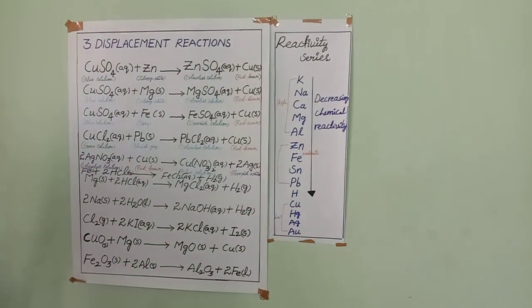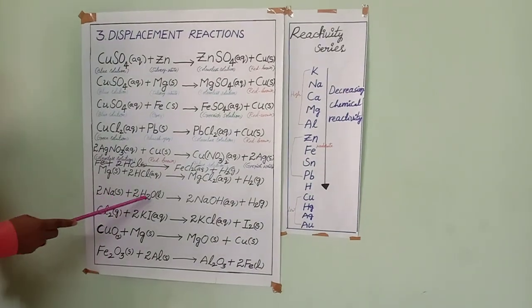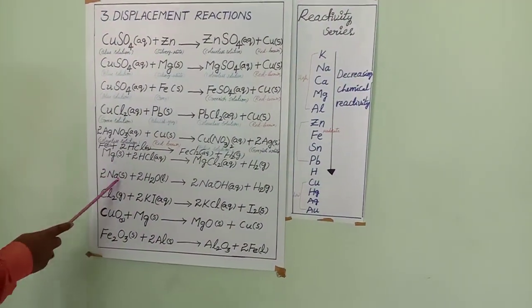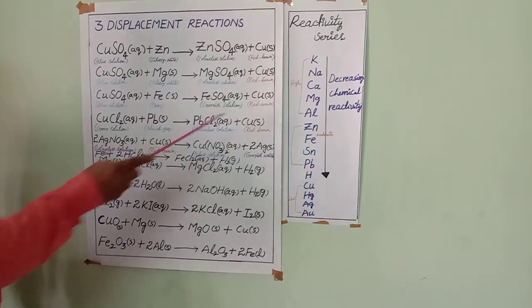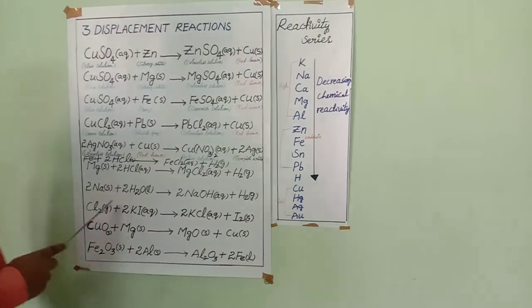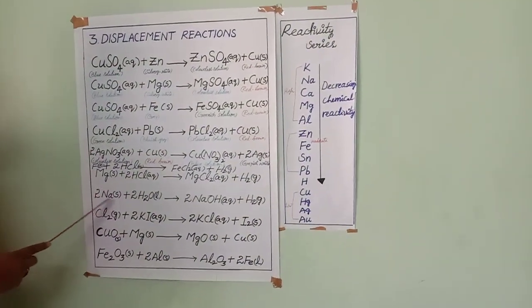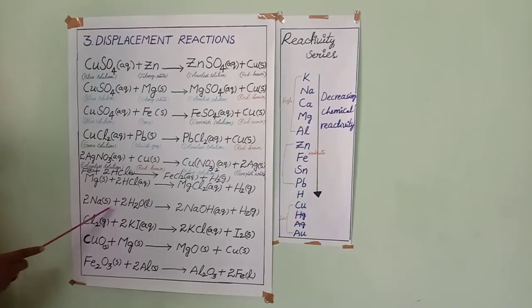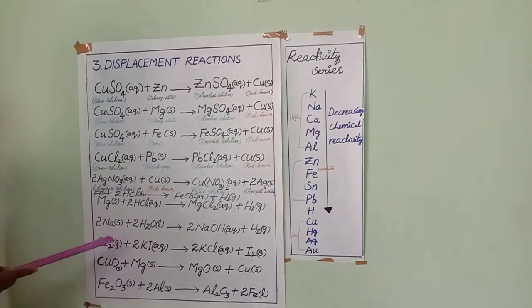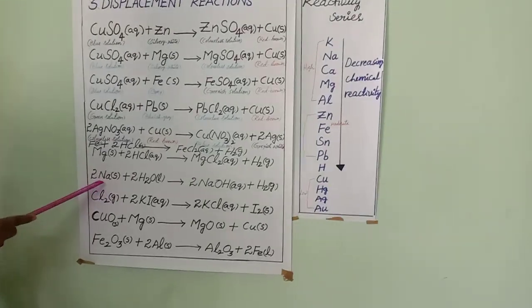In a similar way, one more reaction we will see, metals reacted with water. See, sodium is a very reactive element because it is at the top in the reactivity series. When it reacts with water, it causes explosion also. That much reactive, the sodium metal, very dangerous.